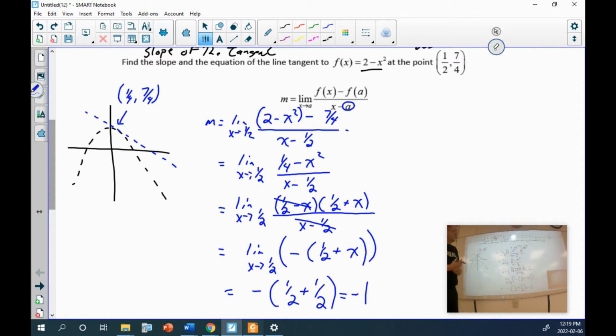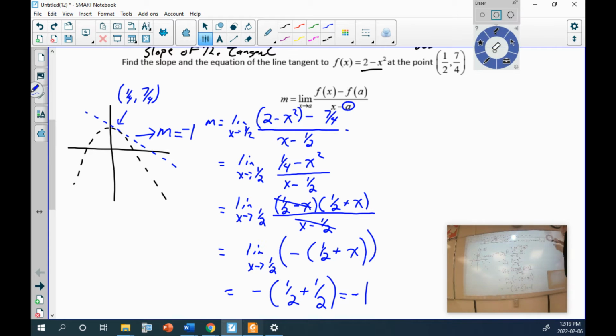That's what we do with this definition of the slope of a tangent line. We have to do our limits. Once you get to here, you plug in what you need and work through it. So the slope of this line is negative 1. What do we need to figure out the equation of a line?